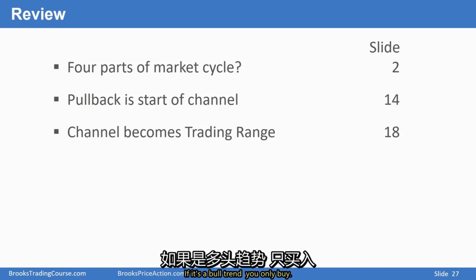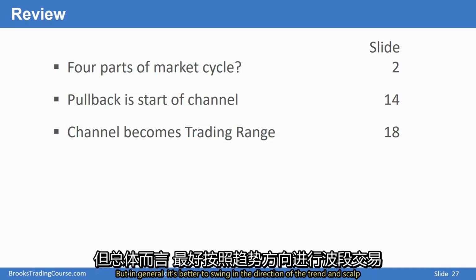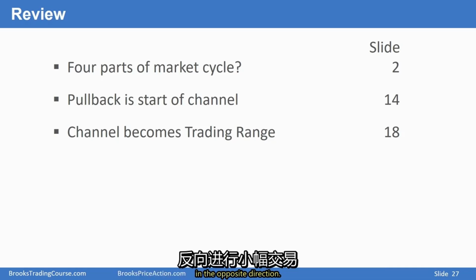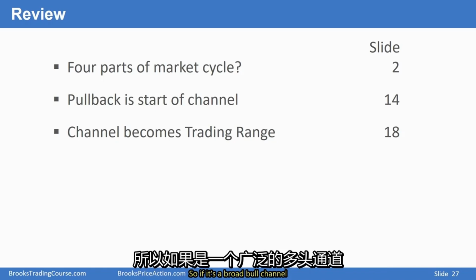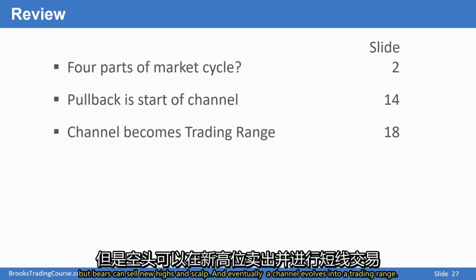If it's a bull trend, you only buy. If the channel is fairly broad, you can trade in both directions. But in general, it's better to swing in the direction of the trend and scalp in the opposite direction. So if it's a broad bull channel, you buy pullbacks and you can hold part for a swing, but bears can sell new highs and scalp.